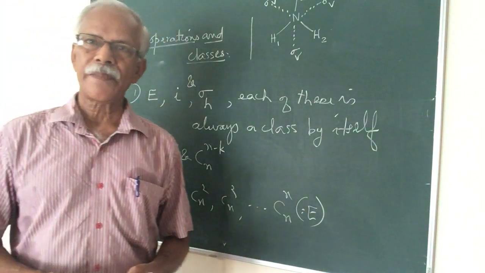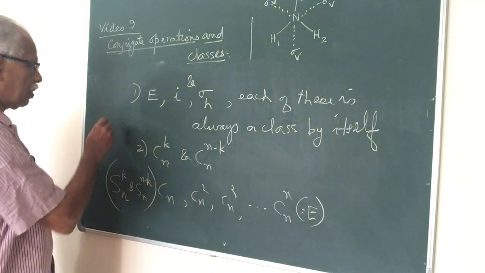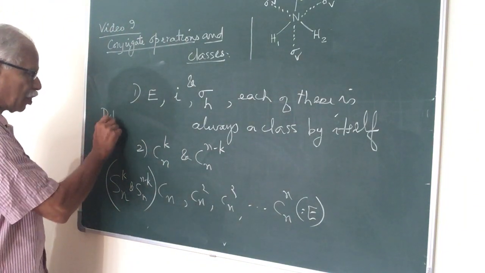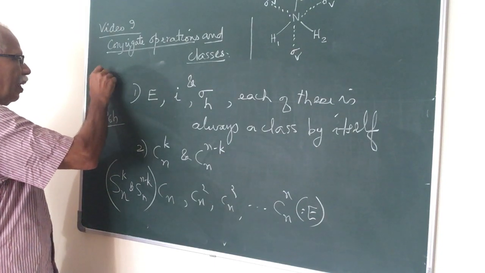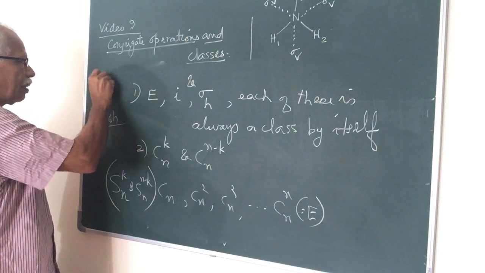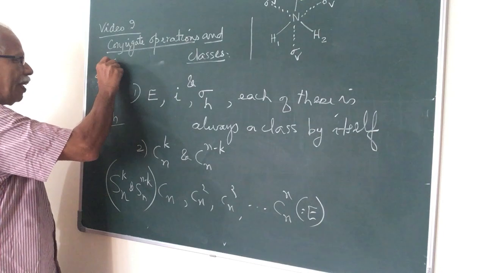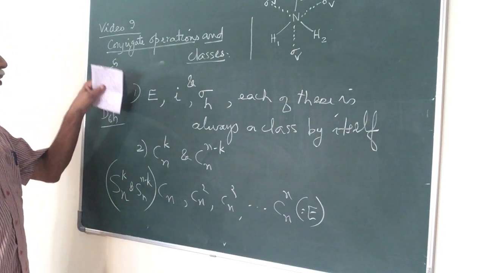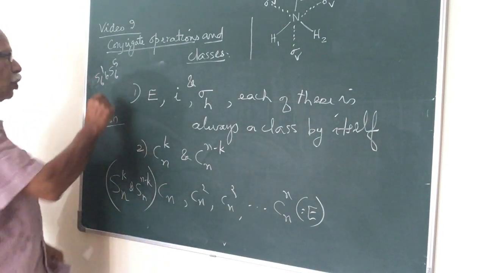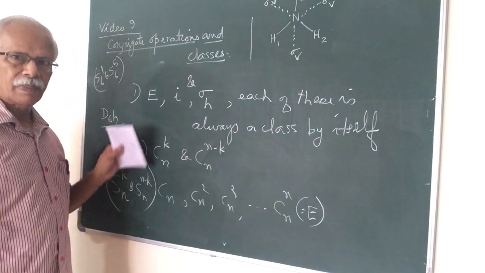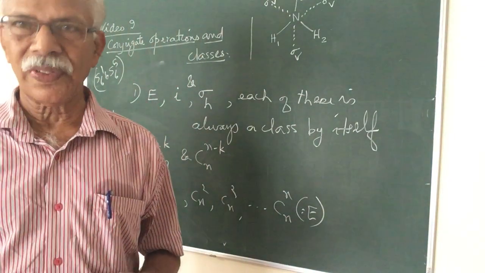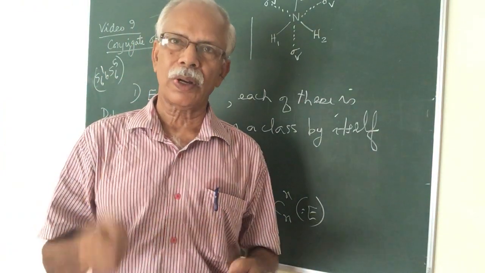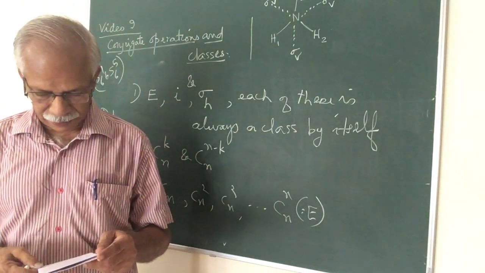For example, for benzene, which is the D6h group, S6 and S6 to the 5, S6 to the 1 and S6 to the 6 minus 1, these two belong to the same class because benzene has n sigma v's as well as n C2's perpendicular to the C6 axis.